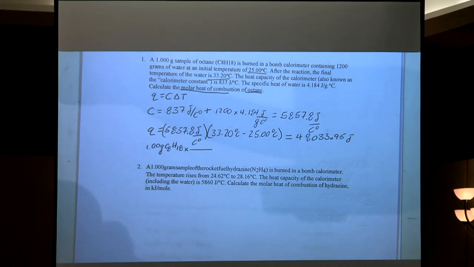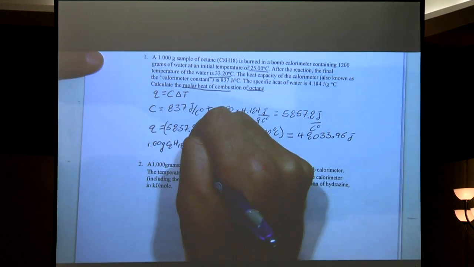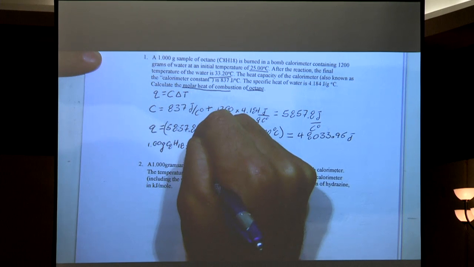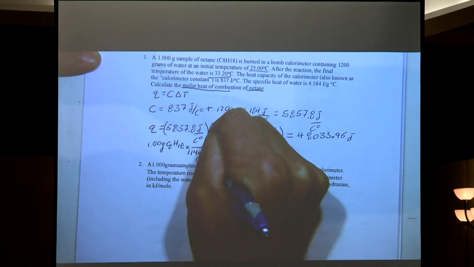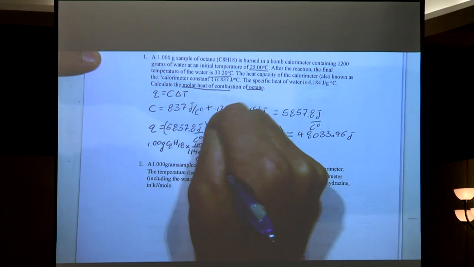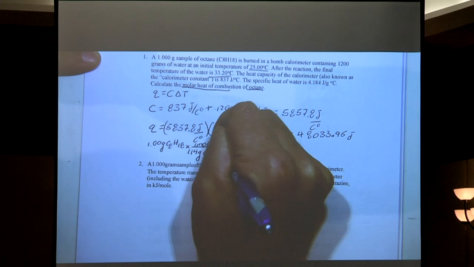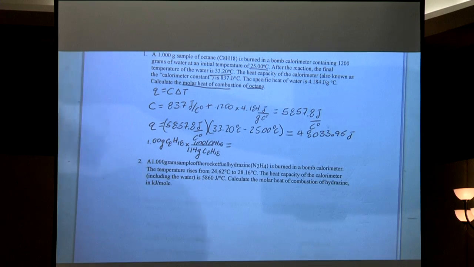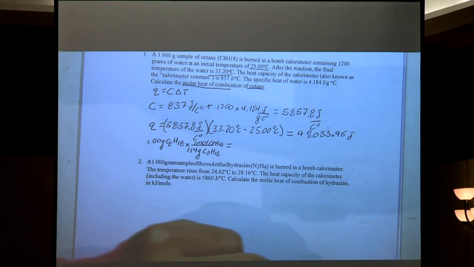Anybody? Awesome. 114 grams per 1 mole of C8H18. So 1 divided by 114. That's fine.